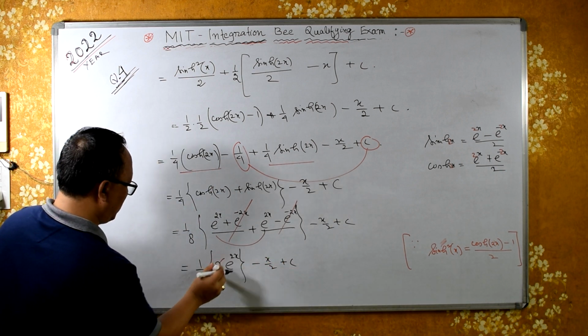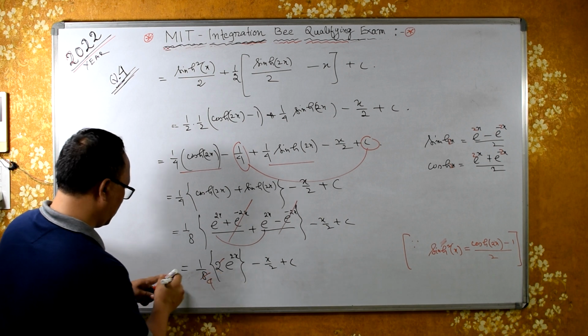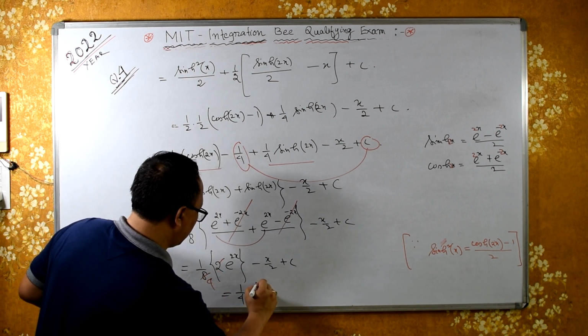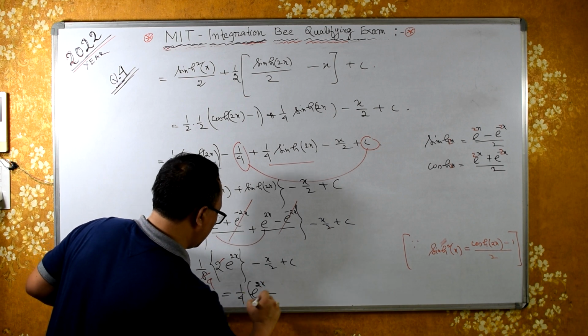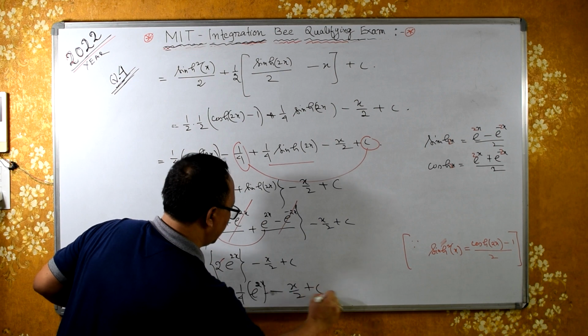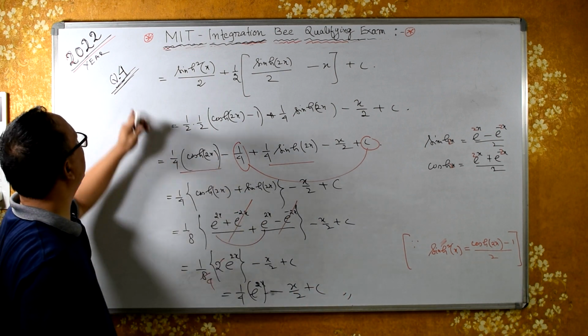Now 2 and 4 simplify, so we have 1 by 4 e^(2x) minus x by 2 plus c. This is the answer for question number 4.